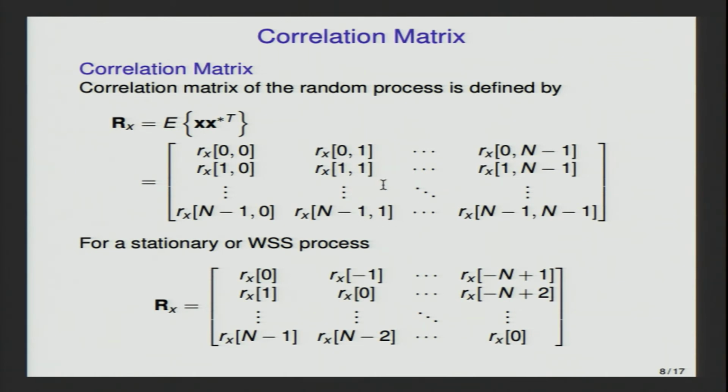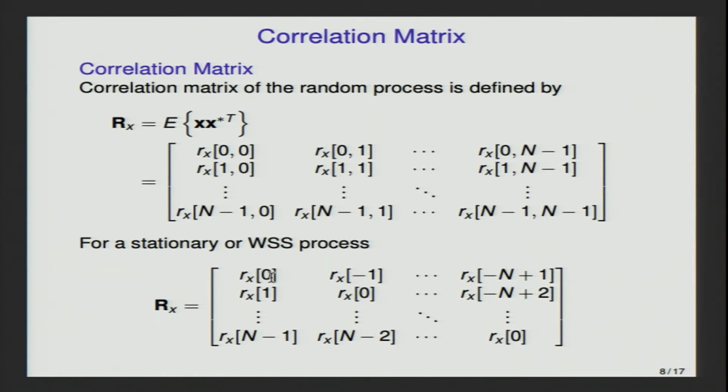Now, if we try to simplify this autocorrelation matrix by considering this as a wide sense stationary process and also using properties of the autocorrelation function, you exploit symmetry and conjugate symmetry, and accordingly we will end up with Rx0, Rx minus 1, and so on.